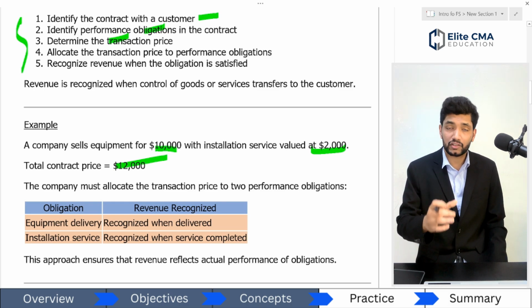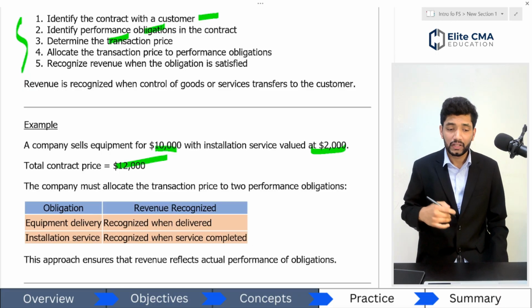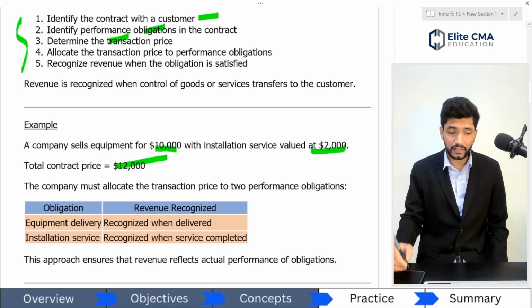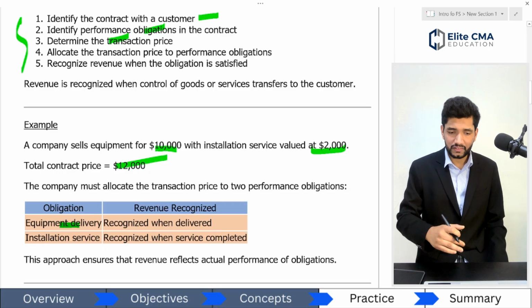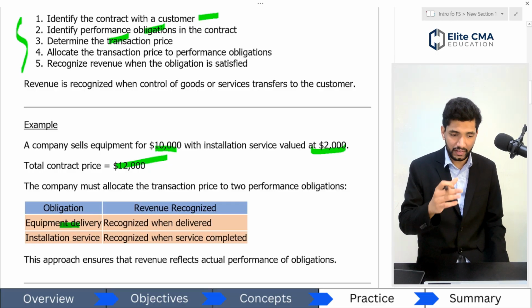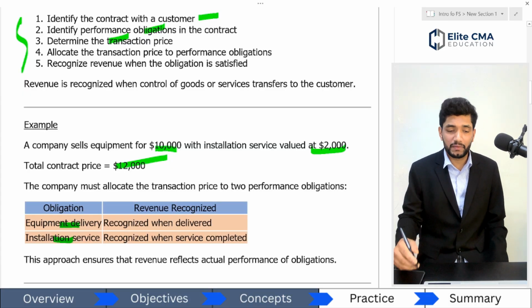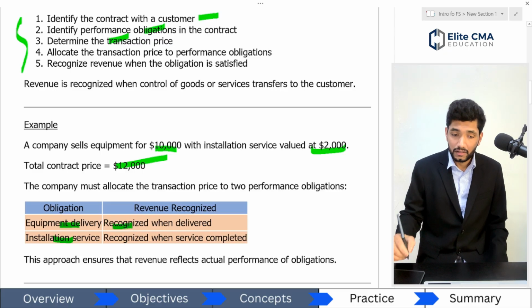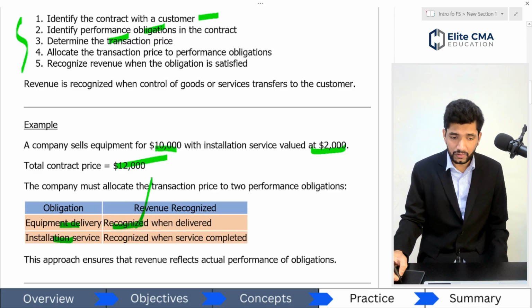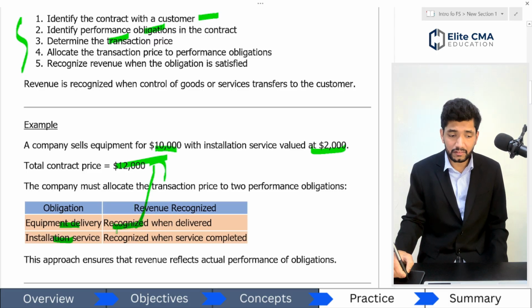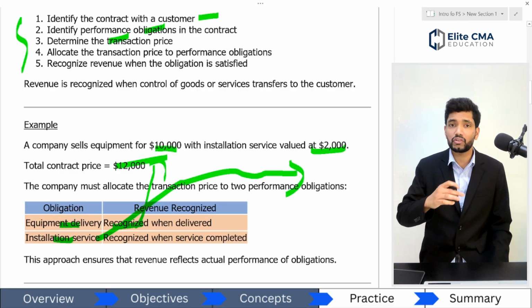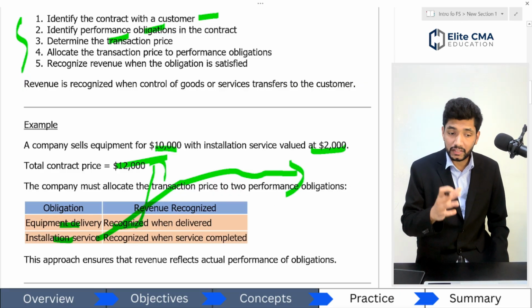The first obligation is equipment delivery and the second is the installation service. Once you deliver the equipment, you can recognize this revenue of $10,000. Once the installation is completed, you can recognize the $2,000 revenue. So this is how revenue recognition works in this case.